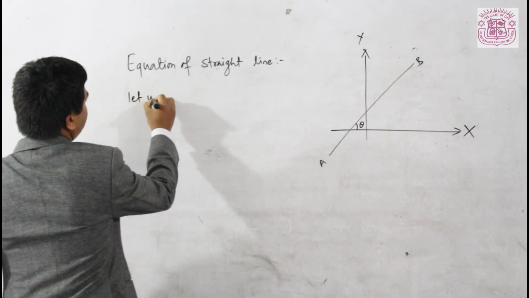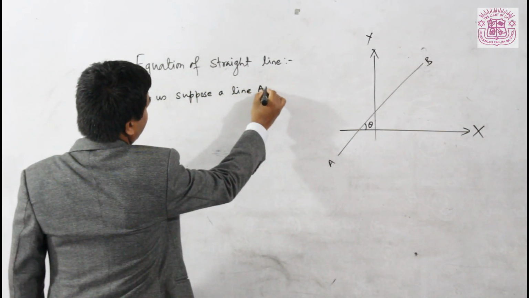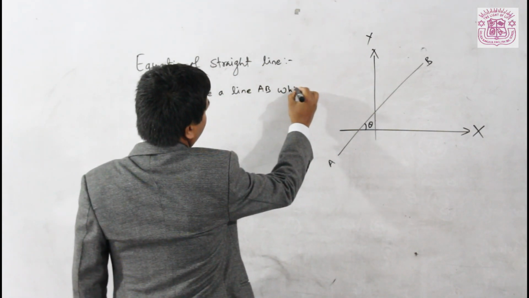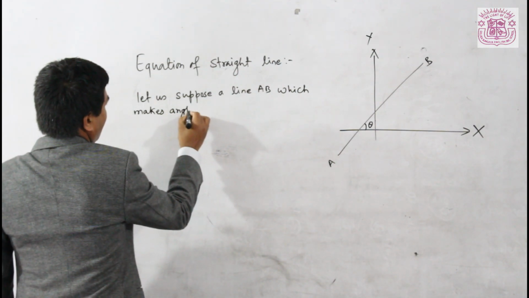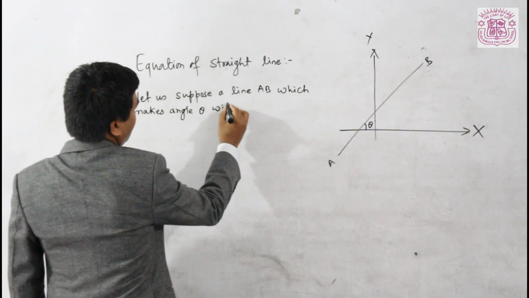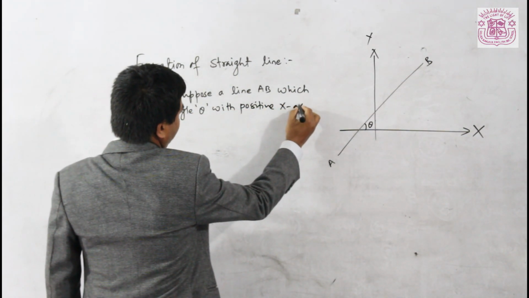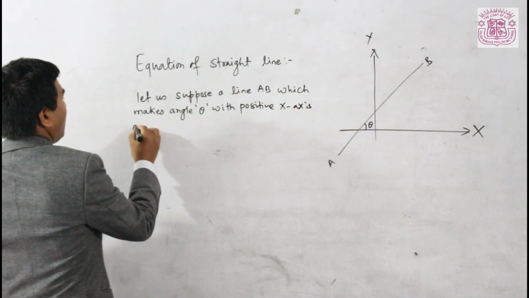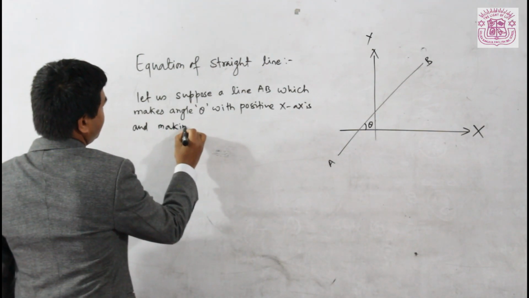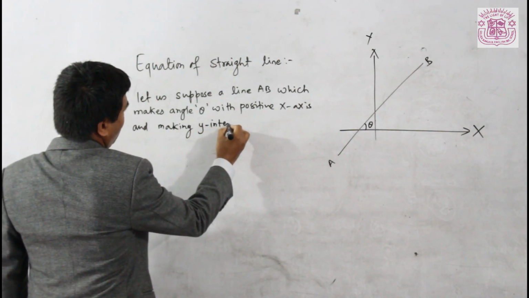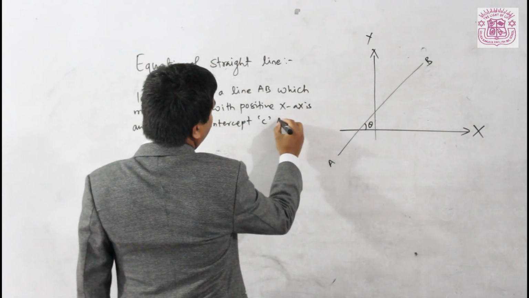Let us suppose a line AB which makes angle theta with the positive x-axis and making y-intercept c on the y-axis.